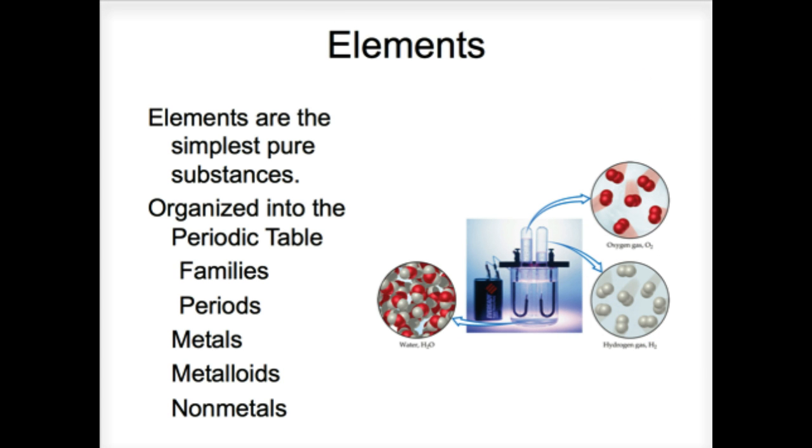Now, one of the things I want to point out here that they're showing you in the diagram is what we know as diatomic elements. So remember that diatomic means 2 atoms, with di meaning 2, and it's 2 of the same atom bonded together, and they're still elements. We'll also see element diagrams where you just have the individual atoms.